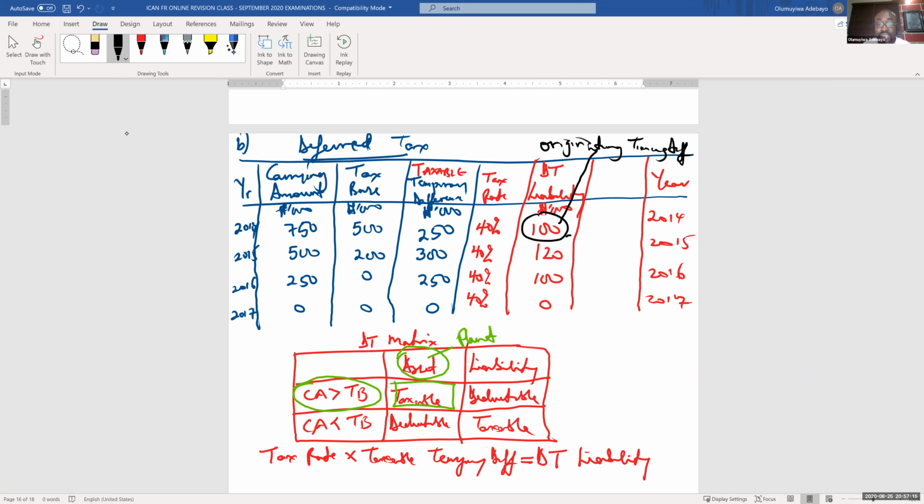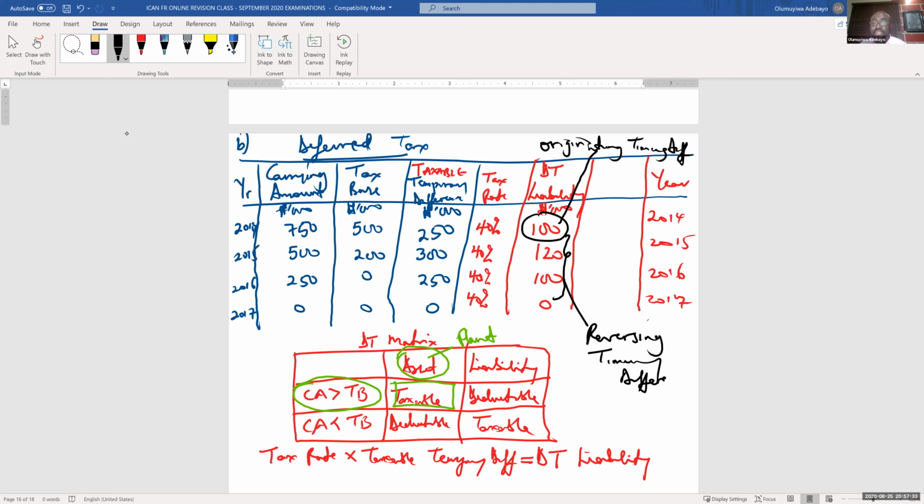And within this period, the difference reverses itself, which means we call it reversing timing difference. And why do we call it so?